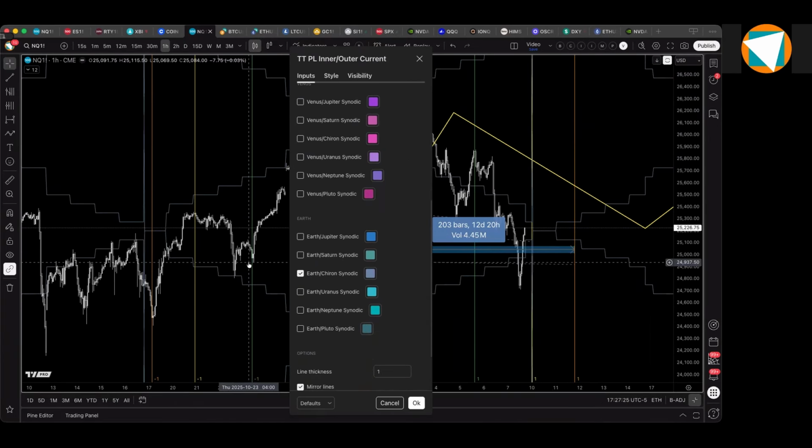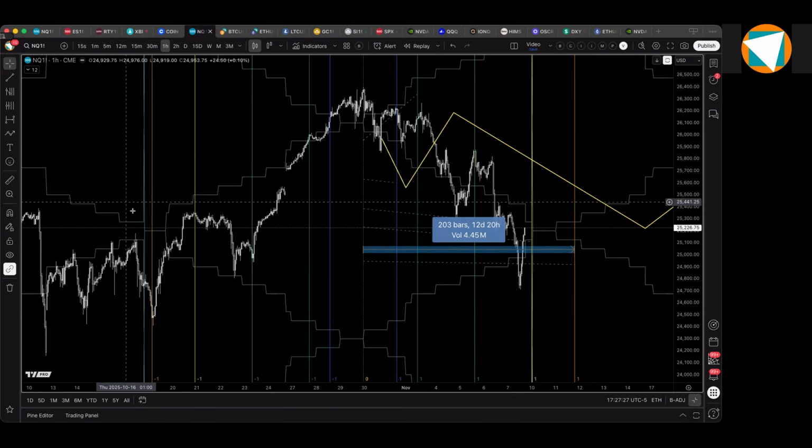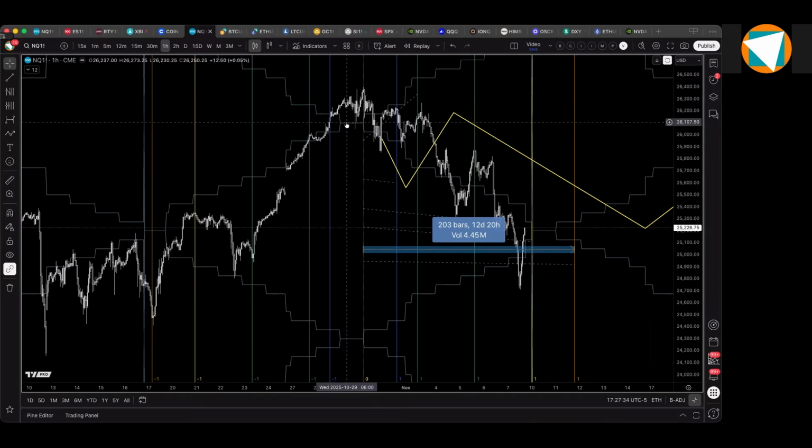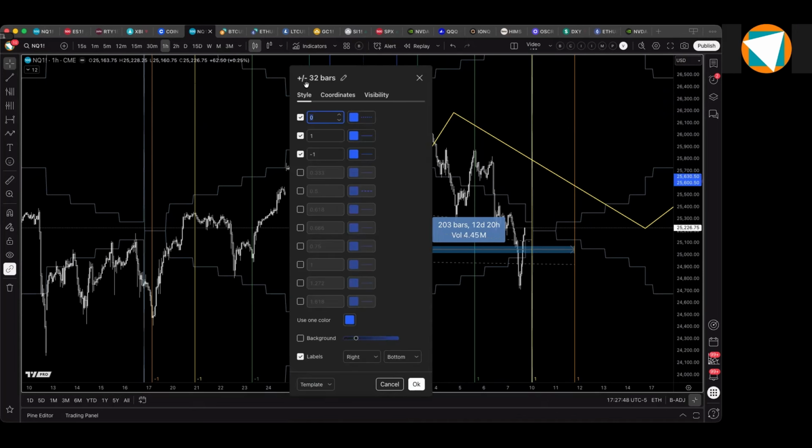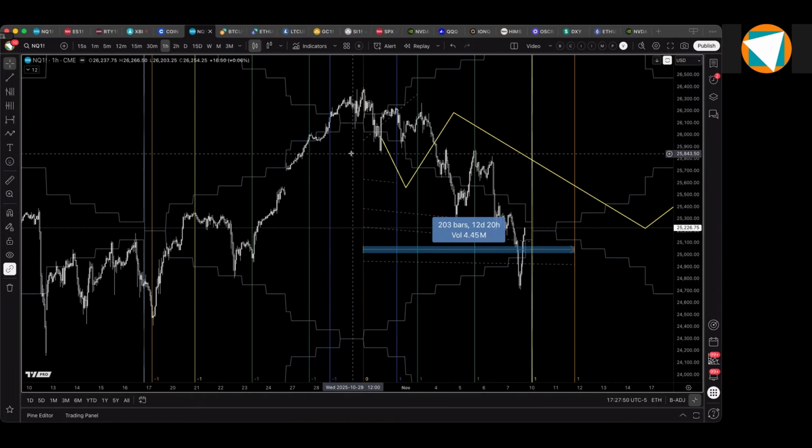And all we're showing is Earth-Chiron synodic, okay? So this is the start of a 24-degree cycle over here, and this is the end of that same cycle, and this is the midpoint. So we can use either the midpoint or the start of a cycle to anchor our symmetry. We're using the midpoint in this case, and you can see blue lines here. This blue line is plus or minus 32 bars, okay?